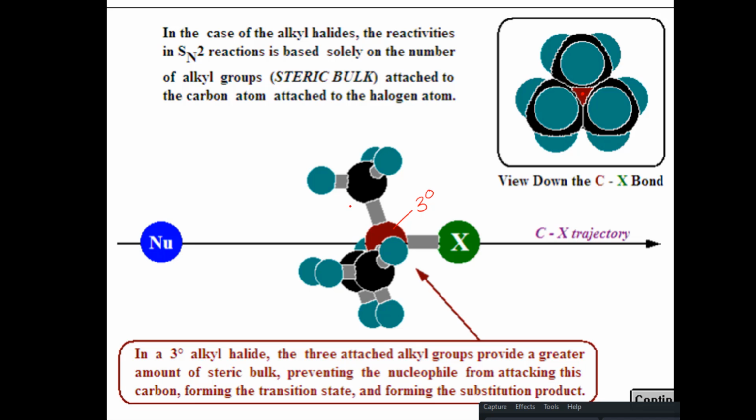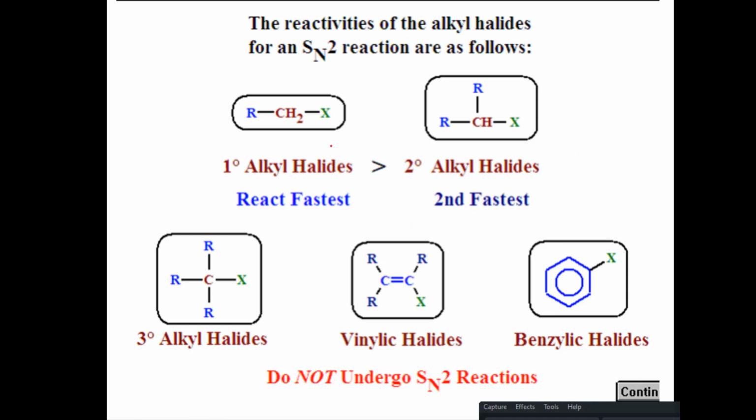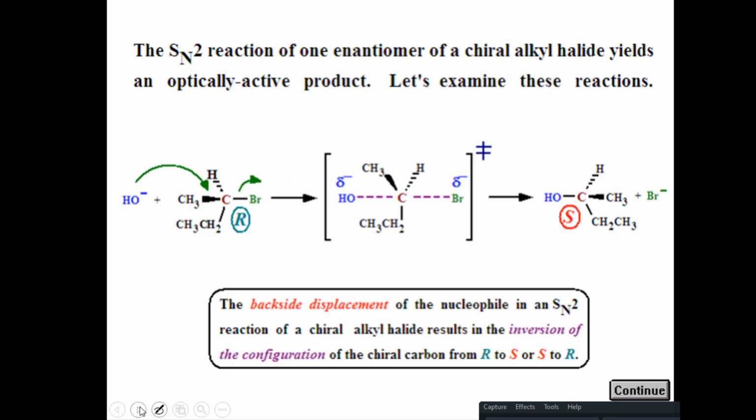So the idea that steric hindrance around this carbon, number of alkyl groups, and the size of the alkyl groups does cause an issue in terms of reactivity. So that is consistent with an SN2 backside attack concerted one-step mechanism. Okay, so that's how these rates of reactions also help us say, yes, it occurs by backside attack.